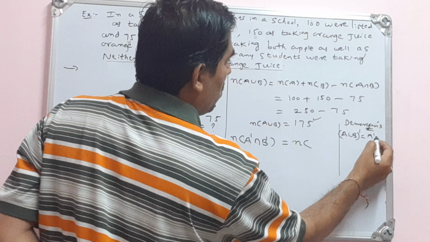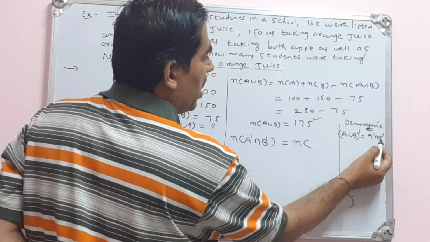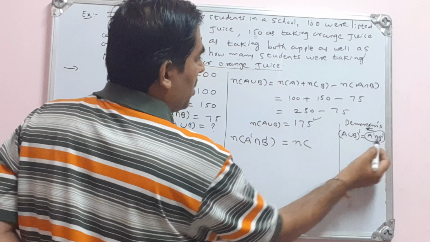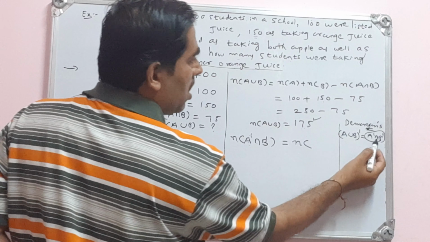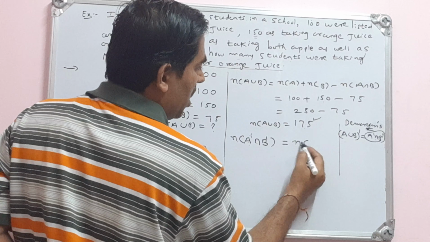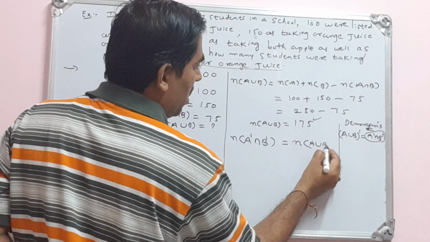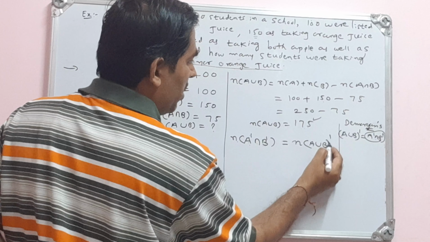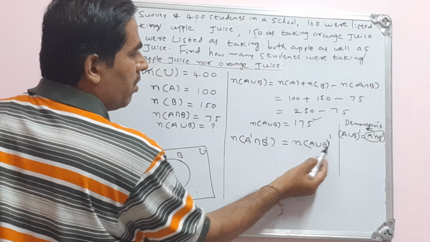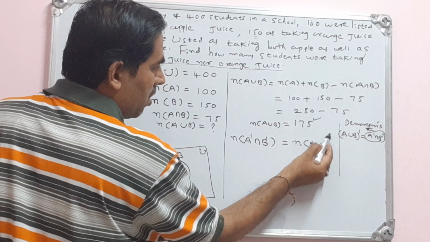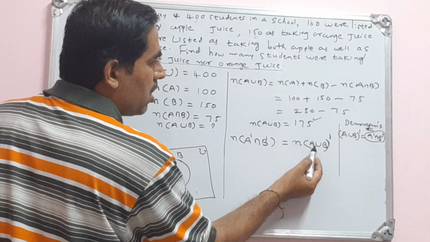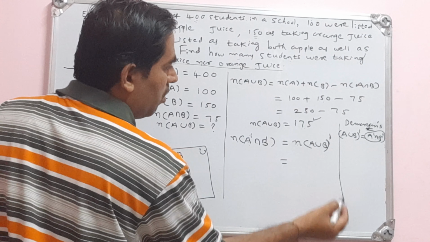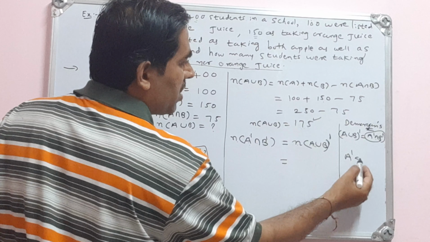A union B old dash is equal to A dash intersection B dash. See here, A dash intersection B dash is nothing but A union B old dash. That is N of A union B old dash. This is the complement of A union B. So complement of A union B means, how will you write complement? We know that complement of a set.